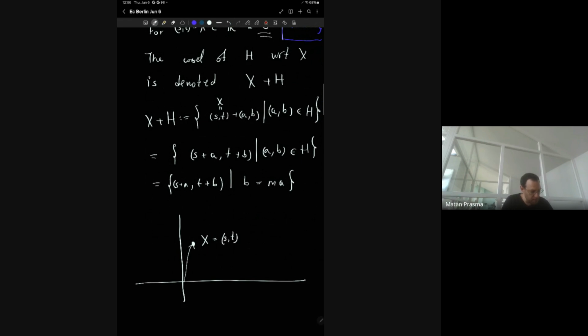I can picture it as a vector, and this is h. And now I need to add every vector in h to x. How do you add two vectors in the xy plane?